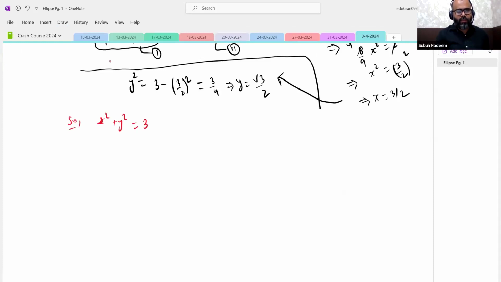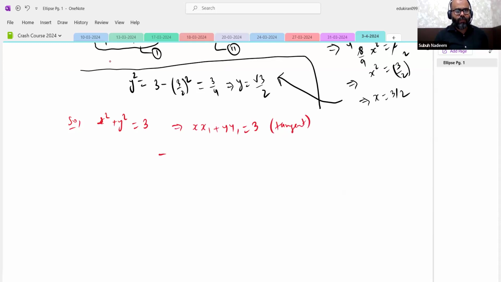So the tangent to this will be x x1 plus y y1 is equal to 3. This is how we write the equation of tangent, where x1, y1 is the point.